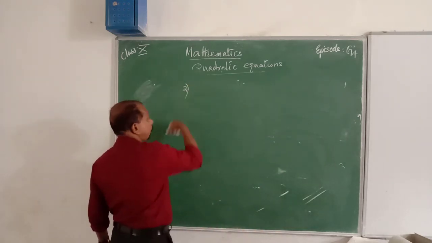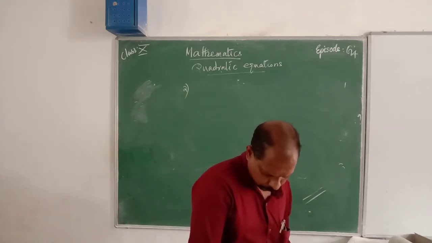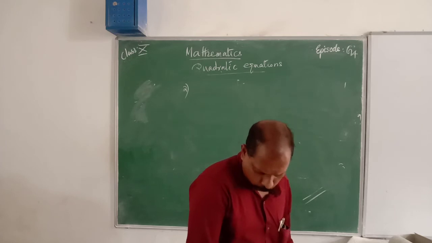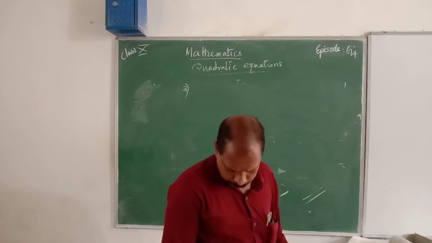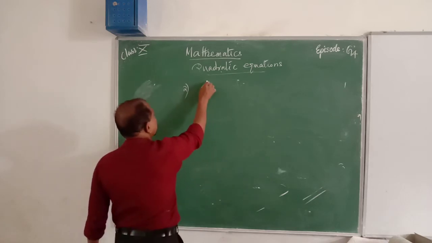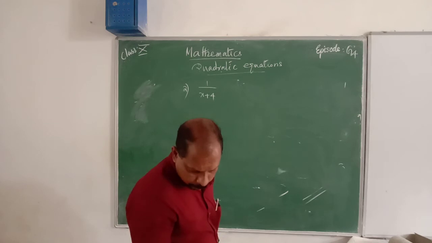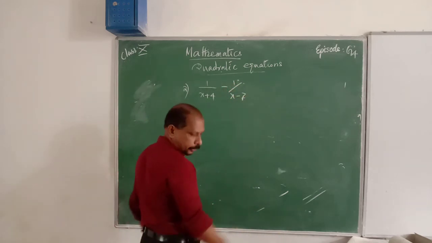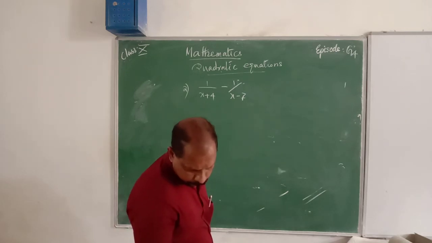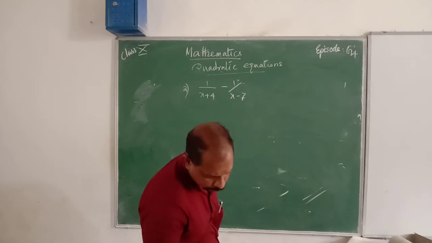Question number 2: 1 by (x plus 4) minus 1 by (x minus 7) is equal to 11 by 30.